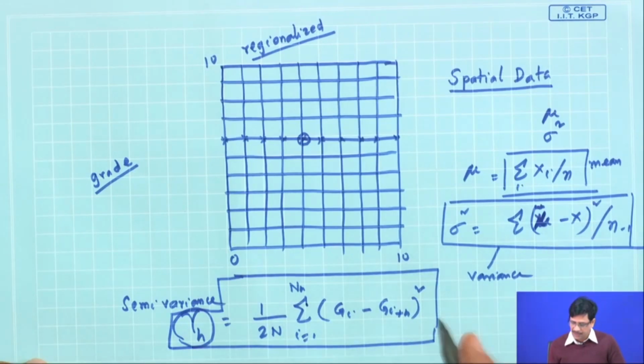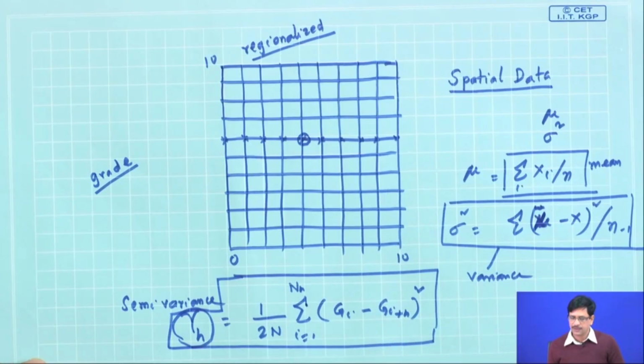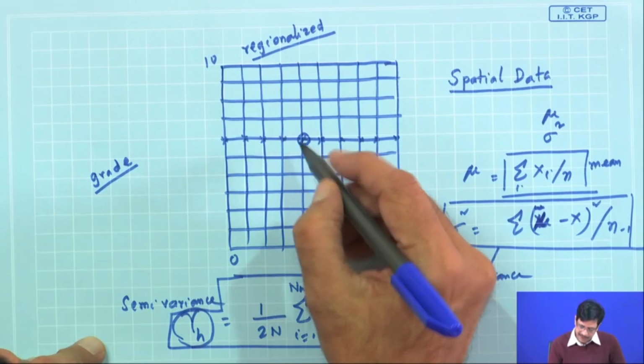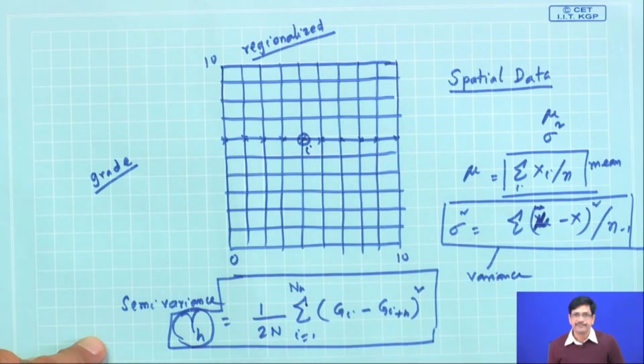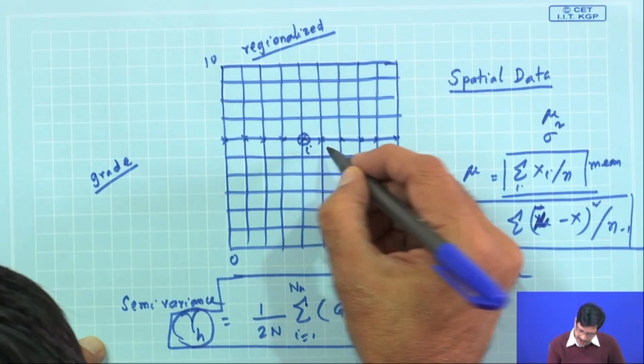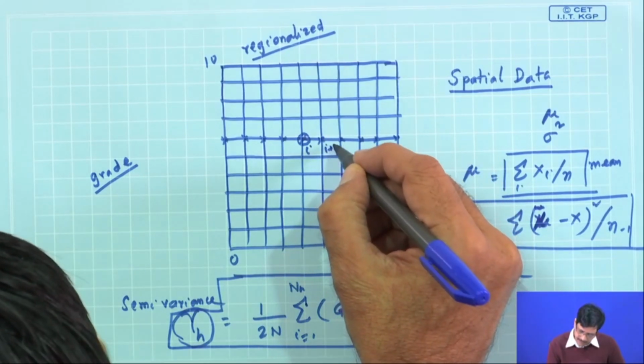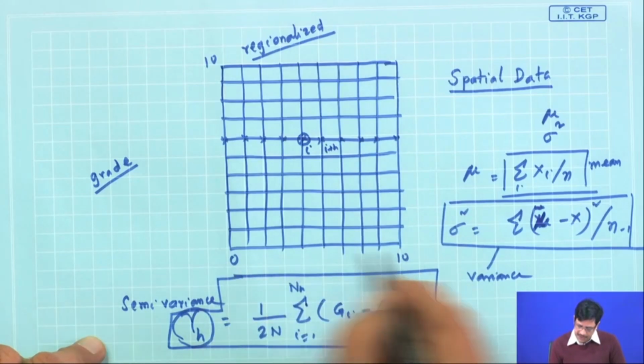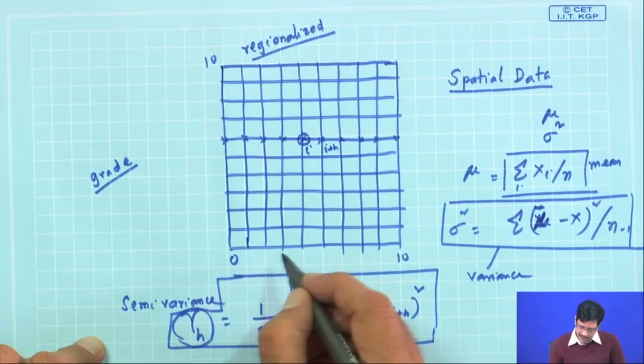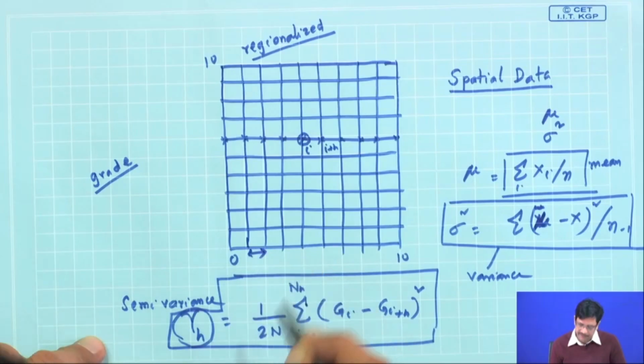One can see the relationship which looks a little bit not that far off here also. The connotation here is g i. Let us say for example, this is the point i and this is the point i plus h, and in this grid that is shown here, let us say that each separation of the grid is represented by h.